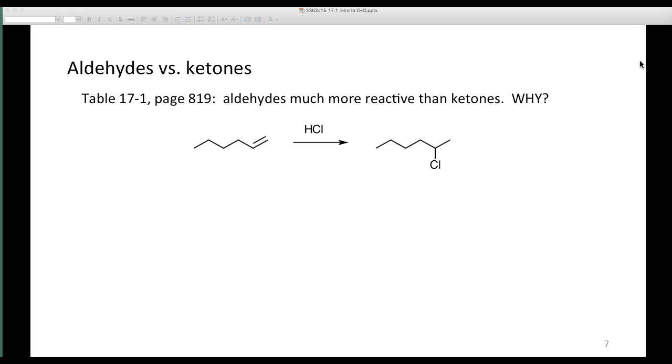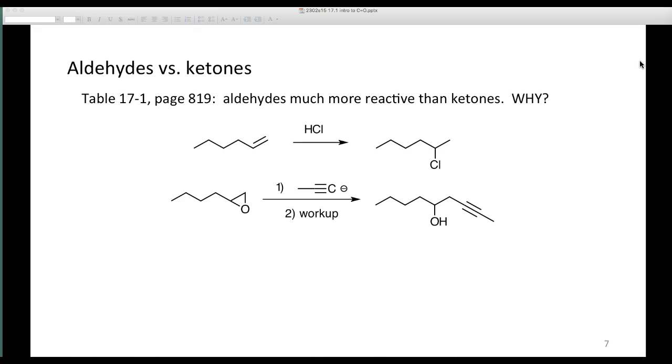Why does HCl add to give me this 2-hexene instead of a 1-hexene? Well, because it's all about the stability of the carbocation intermediate. And because I have 2 alkyl groups pouring in electron density on that carbocation, it's more stable, and I end up making the Markovnikov product.